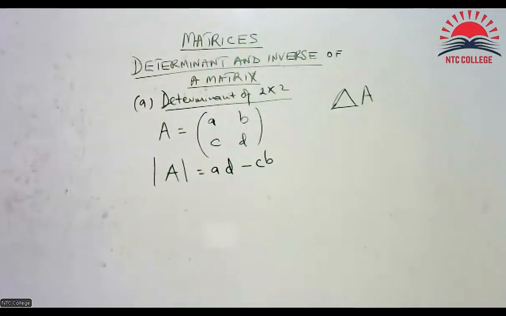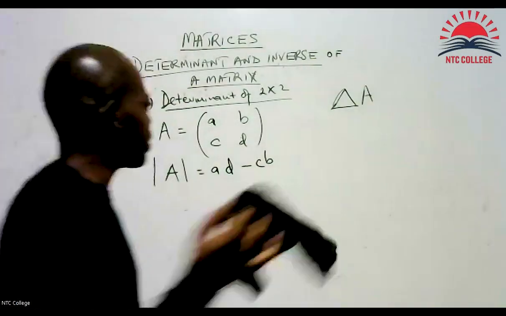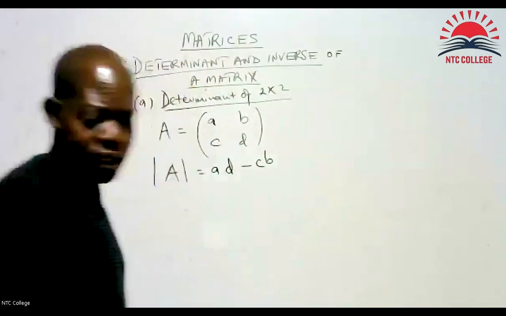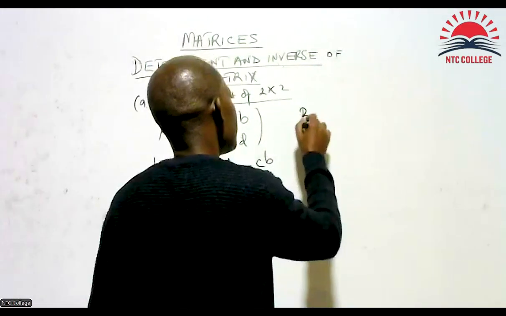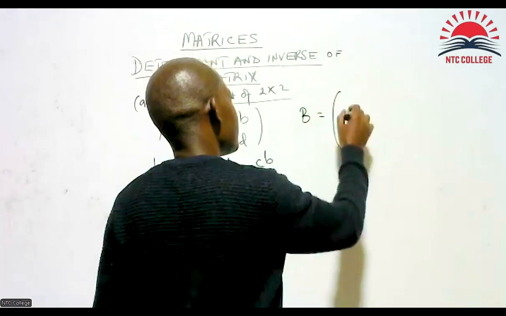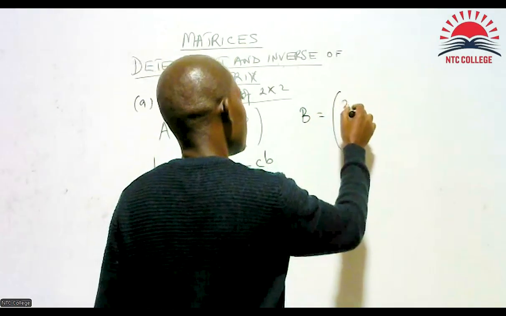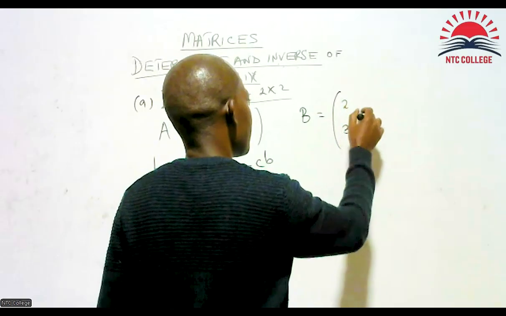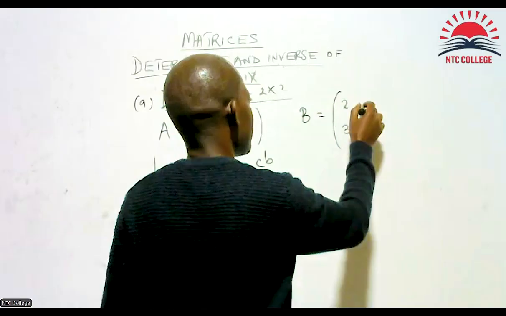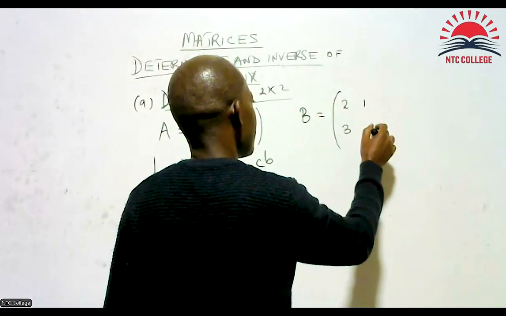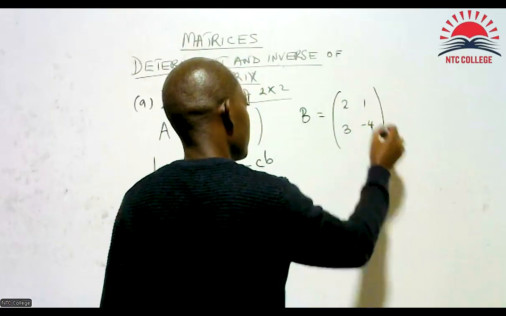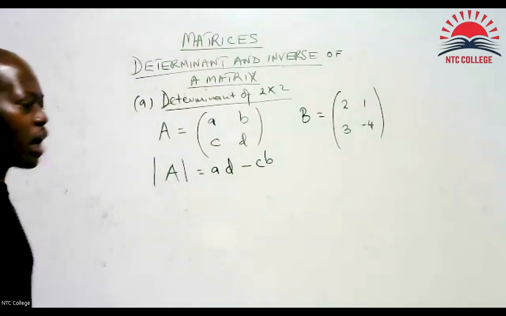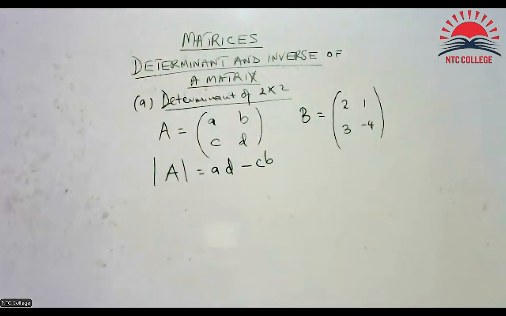Now, still on that understanding, it means therefore, if now we have a matrix with numerical values, now suppose we have matrix B is given by the elements 2, 3, 1, -4, and we are supposed to obtain the determinant.